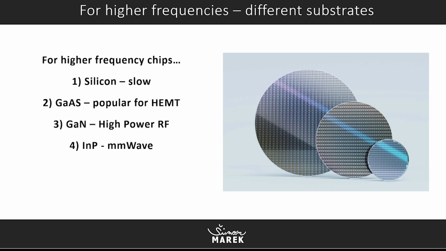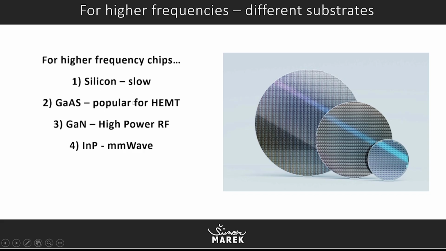So for higher frequencies, we would need to understand the behavior and influence of different substrates. So we can break down the different substrates here. In general, the silicon is old technology and very slow, so we can abandon it.